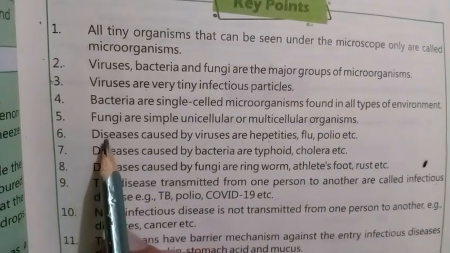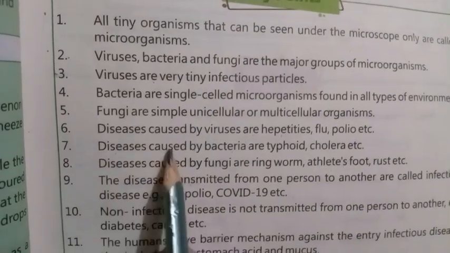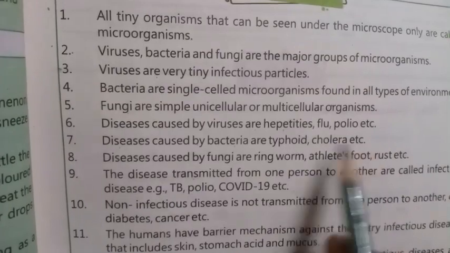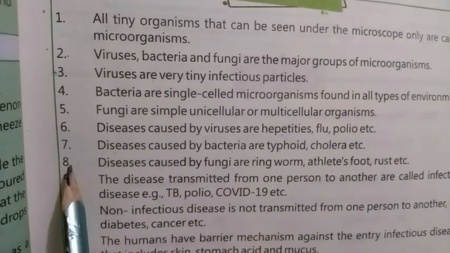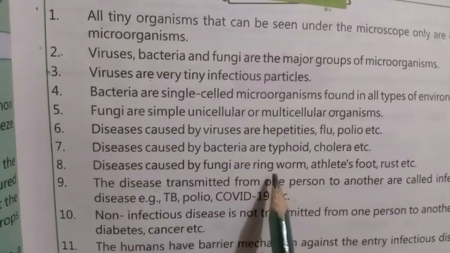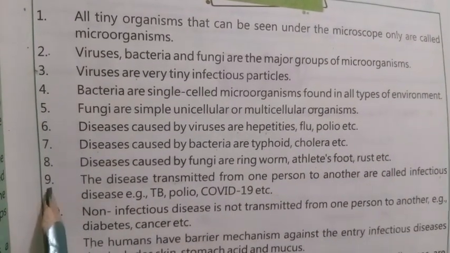Number 6. Diseases caused by viruses are hepatitis, flu, polio, etc. Number 7. Diseases caused by bacteria are typhoid, cholera, etc. Number 8. Diseases caused by fungi are ringworm, athlete's foot, rust, etc. Number 9.